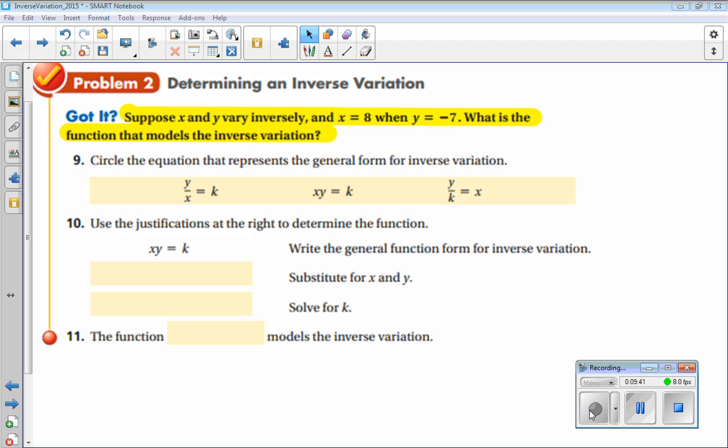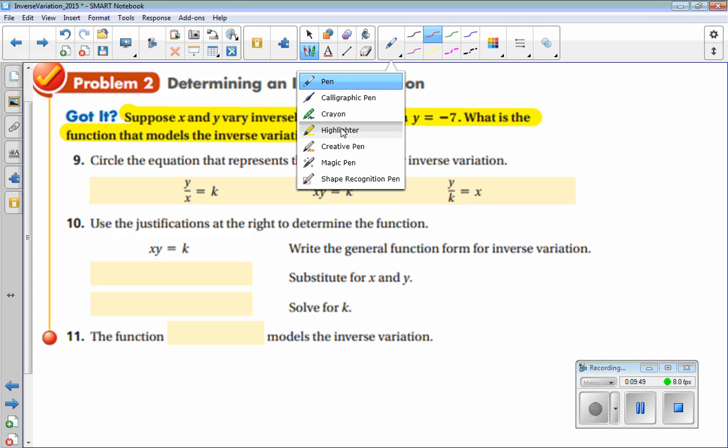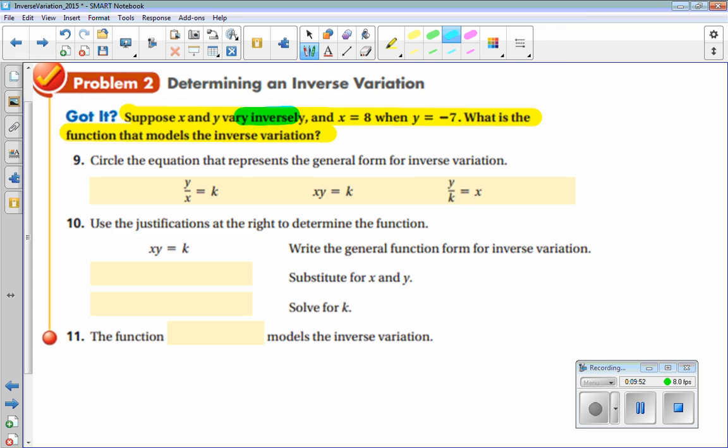What's a key word in the problem? Inversely. Varies inversely, key words. Okay? So because they're key words, I'm going to highlight them a little differently so we know. Varies inversely. So because of that, what formula am I going to use right away? Which one am I going to use? y equals k over x, which I don't see up here. So I'm just going to write it.